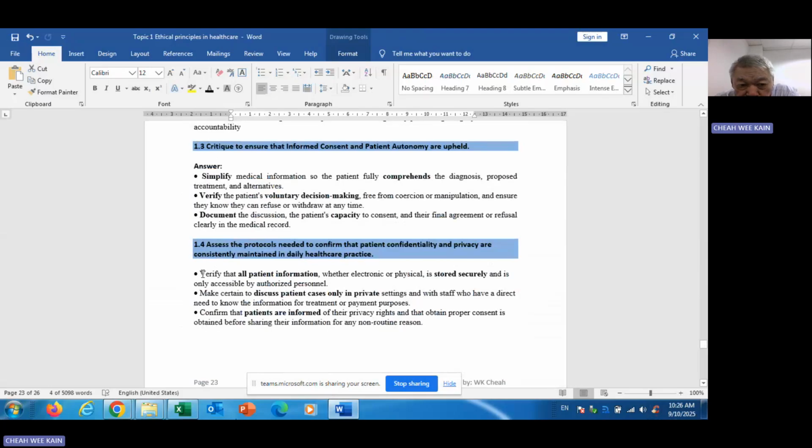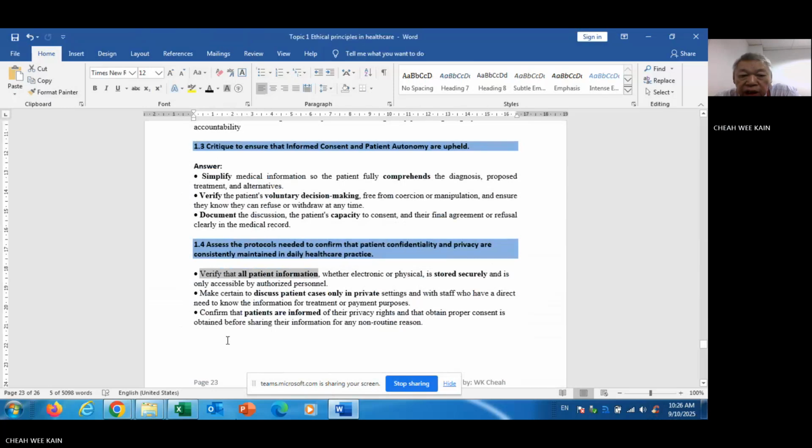Assess the protocol. How do you do that? Do the protocols talk about patient information? Verify there's a protocol for that. Verify there's a protocol that the hospital or the medical practitioner stores records clearly.